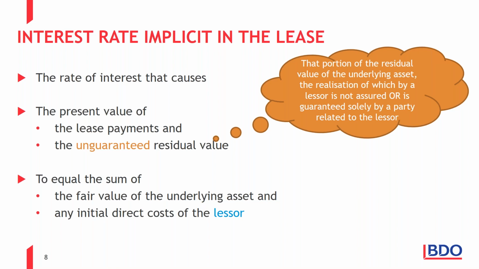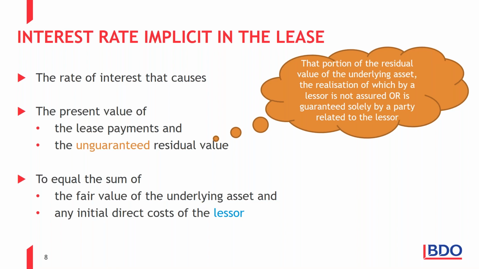So on the one hand, we have the present value of lease payments and unguaranteed residual values, and that has to equal the sum of the fair value of the underlying asset and initial direct costs. It's two different things, and we're looking at a rate that causes the present value of one side to equal the sum on the other side. That would be the rate implicit in the lease.